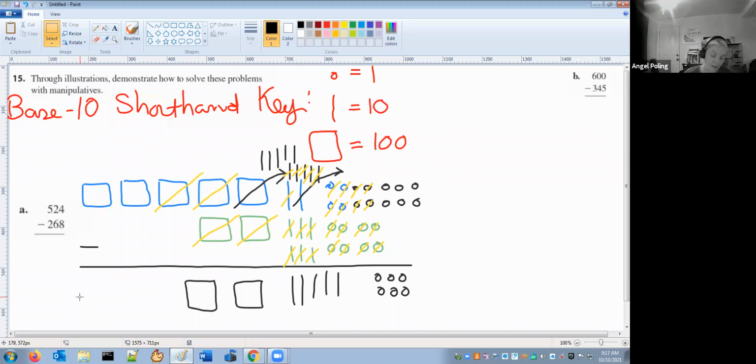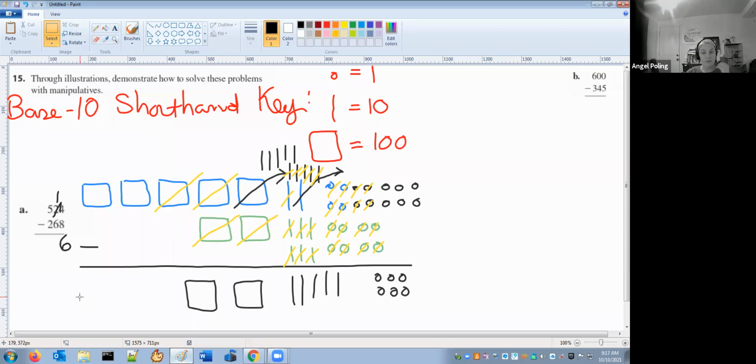And in our standard algorithm, we try to take the ones away first. So we have 8 that we're trying to take from 4, and we can't. So we borrow 1 from the side group, which gave us 14. Now we can take 8 away from 14, which leaves us with 6.